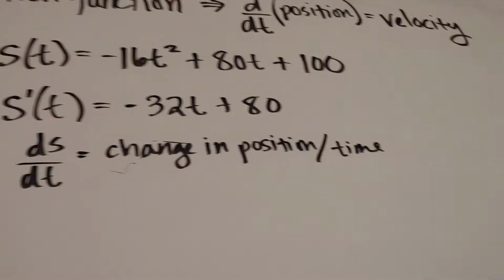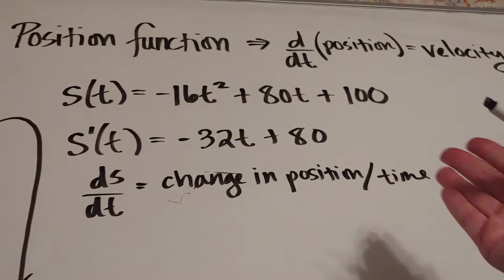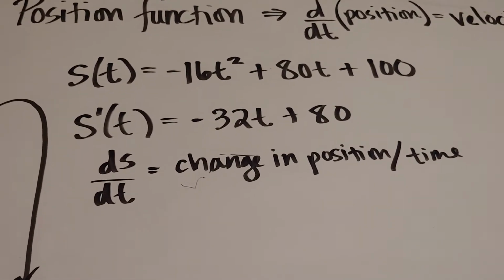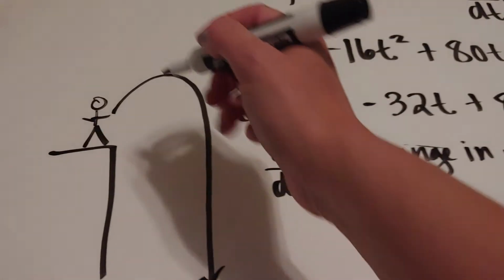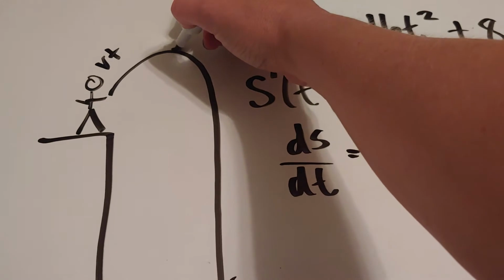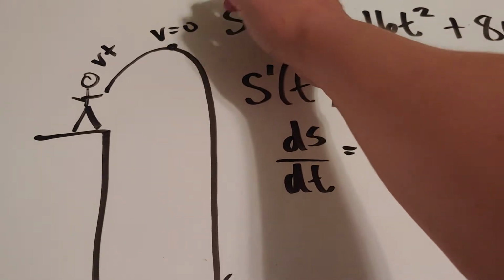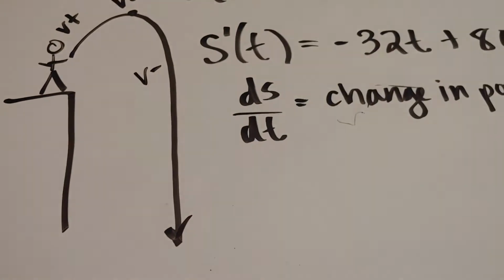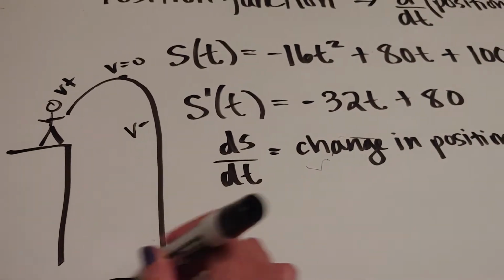Well, that's velocity, guys. So this derivative is the velocity. Some important things to note is that the velocity is going to be positive as it's going up. When it hits the top, the velocity will be 0 because it's changing directions, and then on the way down, the velocity will be negative until it hits the ground.